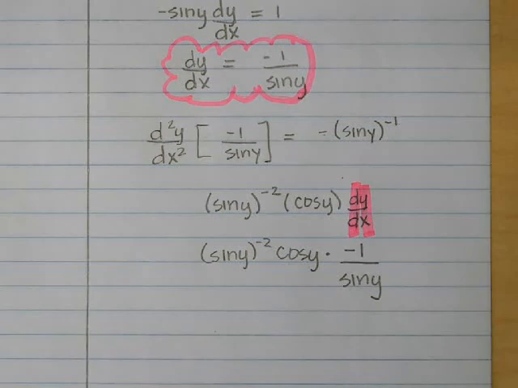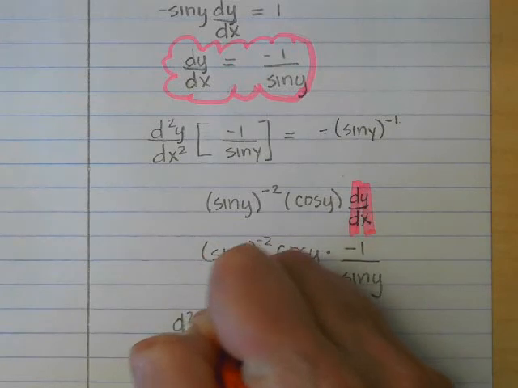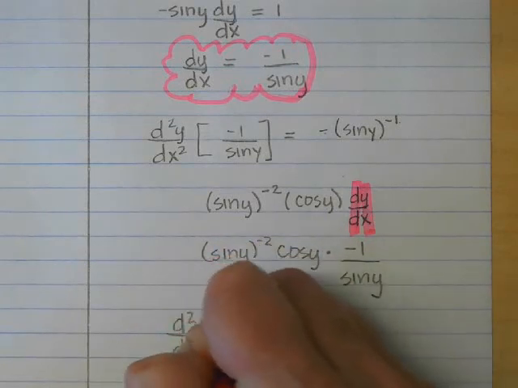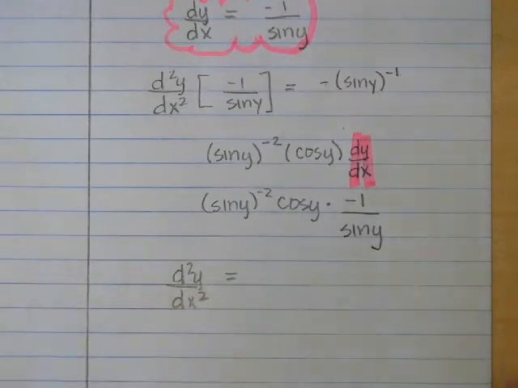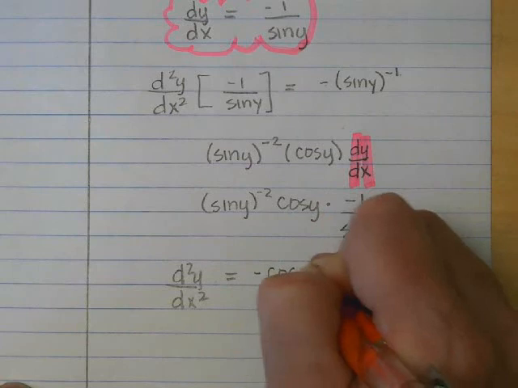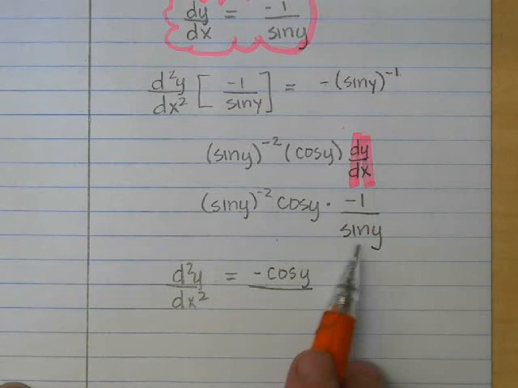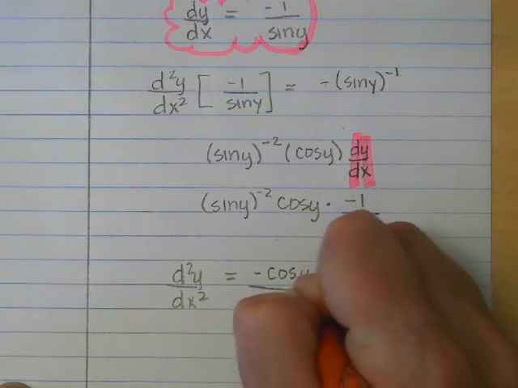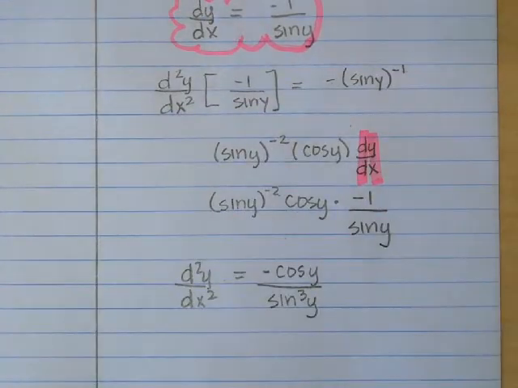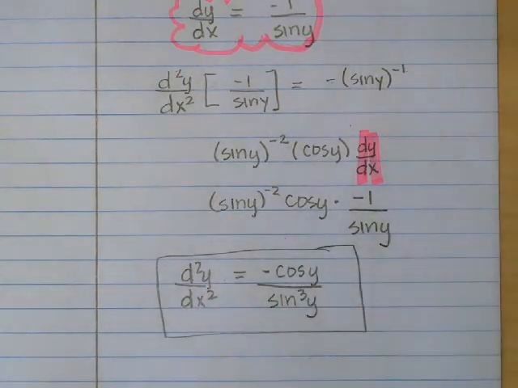Okay, all right, and then we end up with d squared y over dx squared is going to be, it looks like negative cosine y. What do we have left up there? Over, here's a sine squared y on the bottom and another sine of y, or sine cubed y. And that's it. Alrighty.